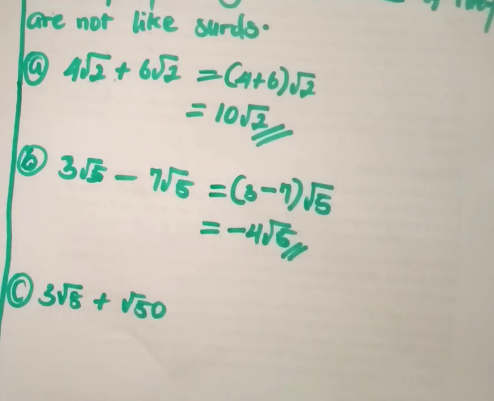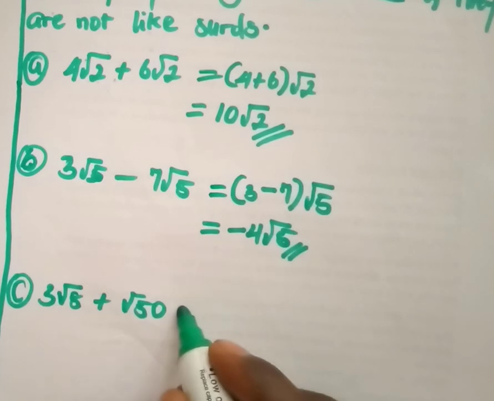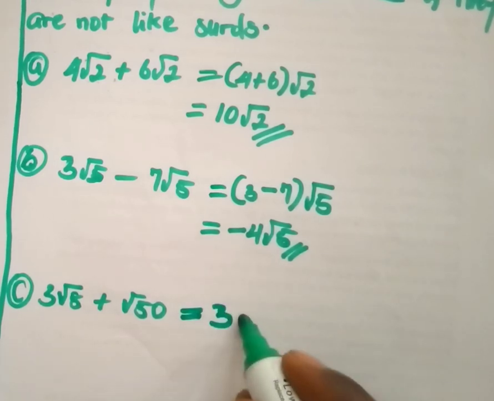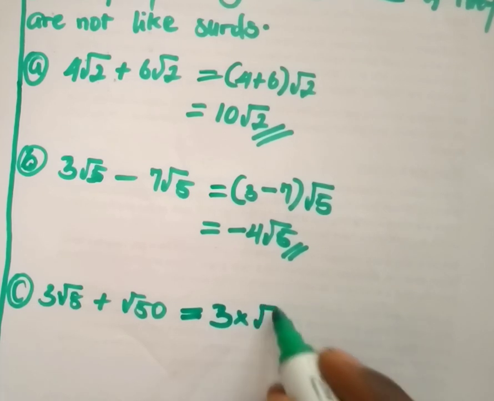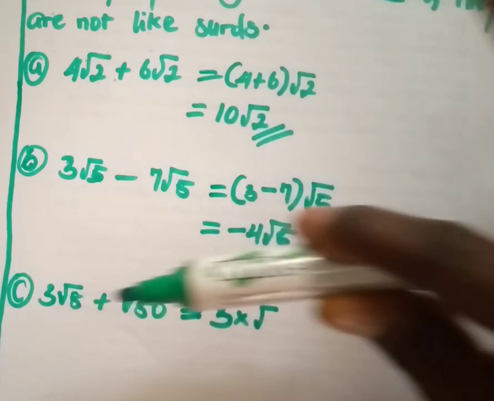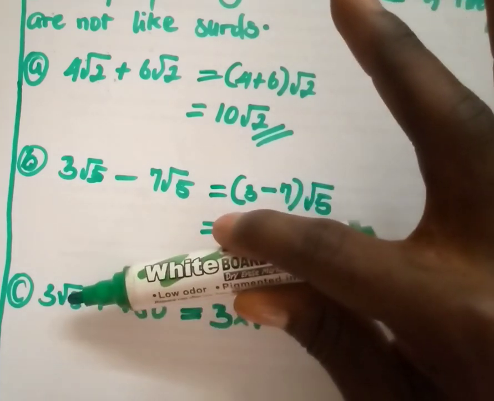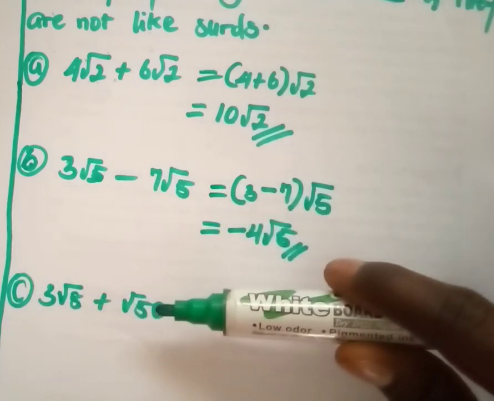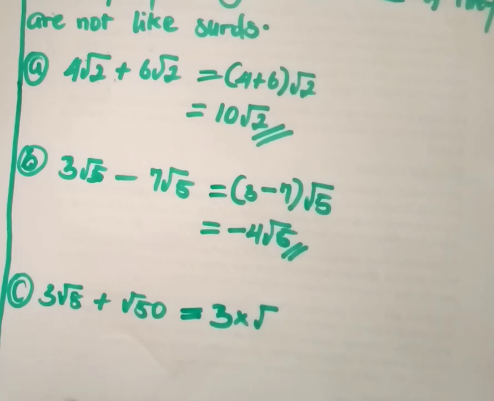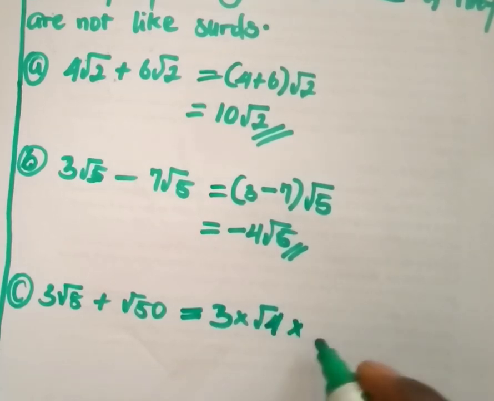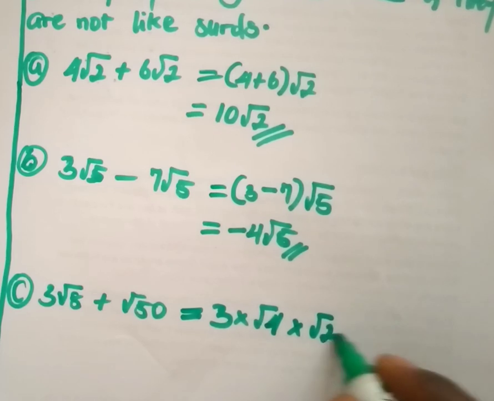So by simplifying this, we say this is equal to 3 multiplied by root. Look for two numbers that when you multiply, they will give you 8, and here two numbers that when you multiply, they will give you 50. And here you have 4 and 2.